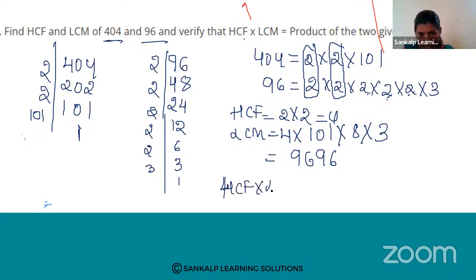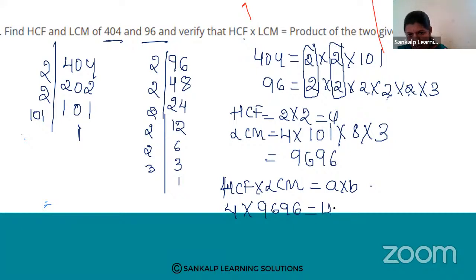HCF into LCM is equal to A into B we are doing. HCF is 4, 4 into 9696, right? A into B. A is 404. B is 96. So if you do the multiplication, what answer will come?